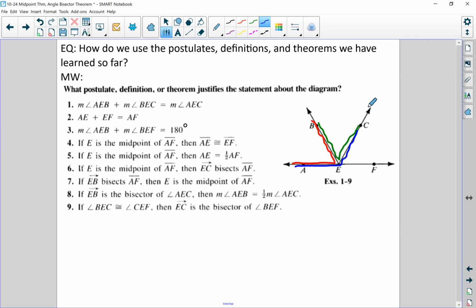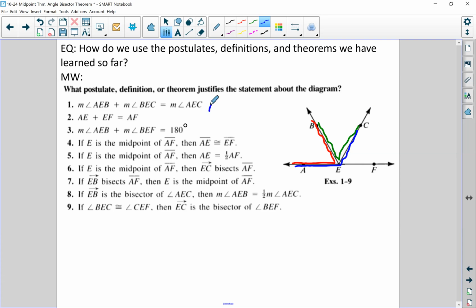Of all the addition ideas we've learned, segment addition postulate, angle addition postulate, and the addition property, the one that makes the most sense is the angle addition postulate, because we are combining two adjacent angles to form a larger angle.